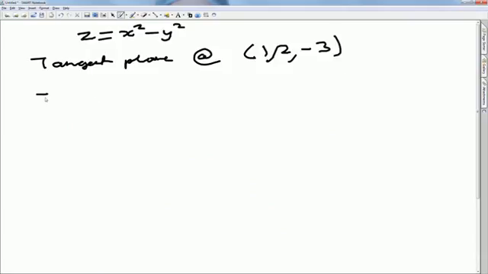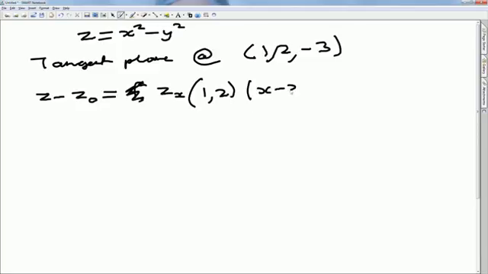So the tangent plane in general is z minus z naught equals the partial derivative of the function, so we're writing in z, we'll write it as z_x, at 1, 2, times x minus x naught, and then plus the partial derivative with respect to y at our point, times y minus y naught.